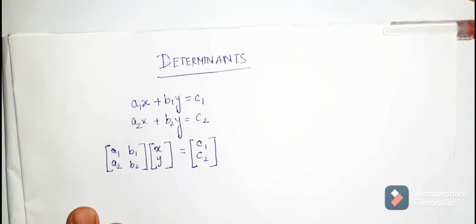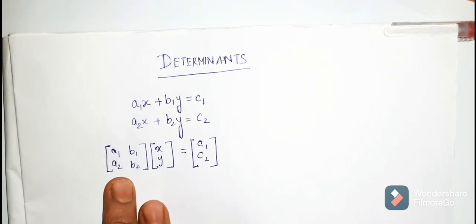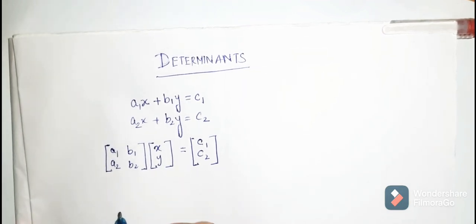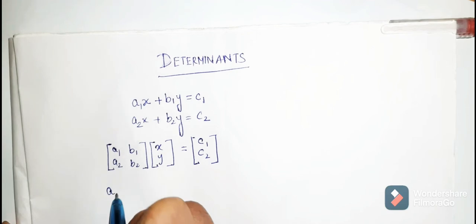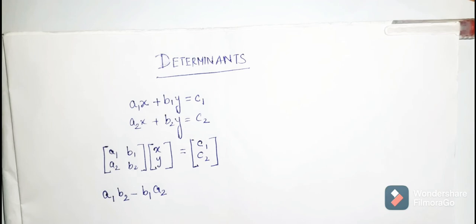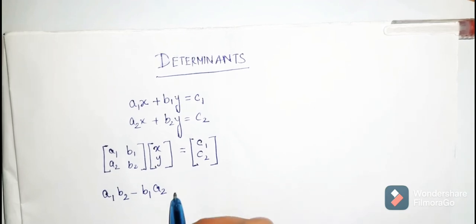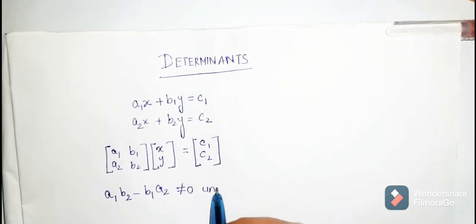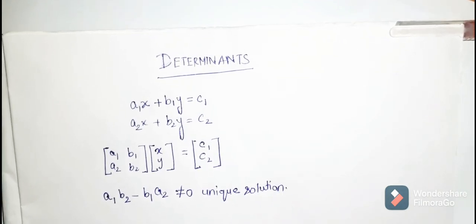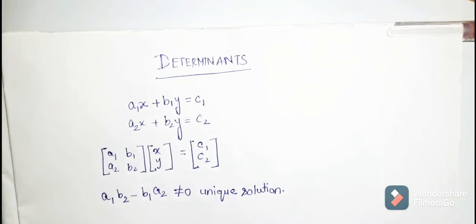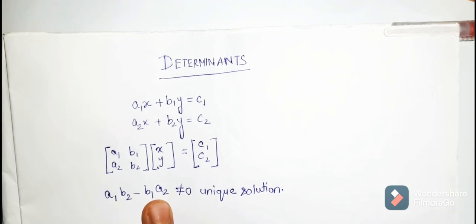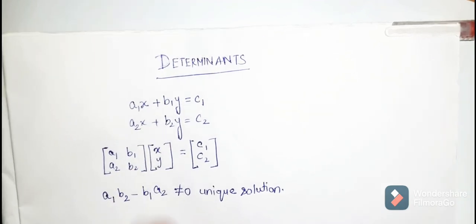Now if you have to determine whether this equation has a unique solution or not, then you just calculate a1 b2 minus b1 a2. If this is not equal to 0, then the equation has a unique solution. So this determines the uniqueness of the solution with the help of this matrix.